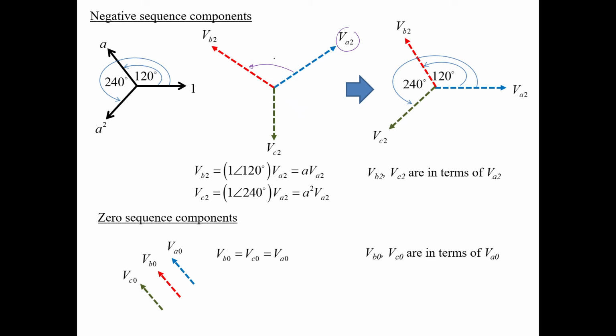And from this point, if you want to get VC, you just rotate twice. So you multiply this by A squared in order to get VC2 from VA2. Okay, this is clear. For the zero sequence, everybody knows that these 3 vectors are the same. So you just express it once.